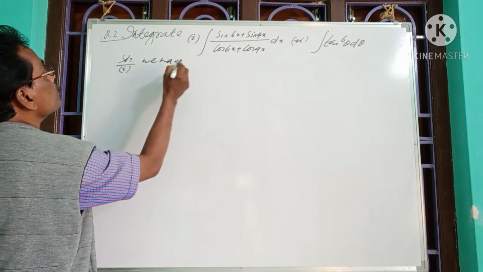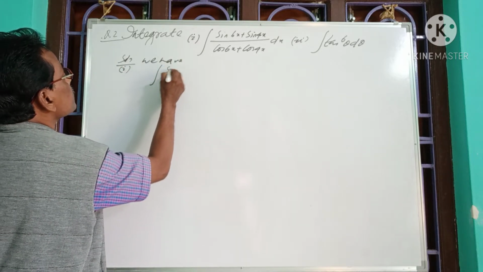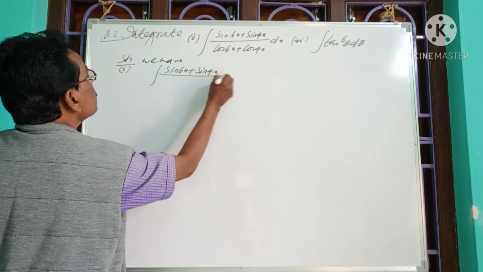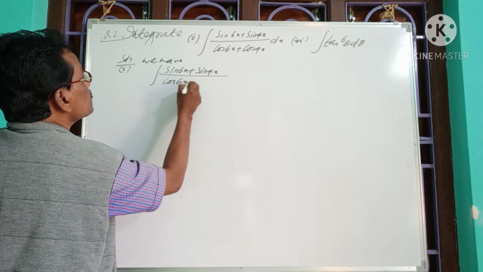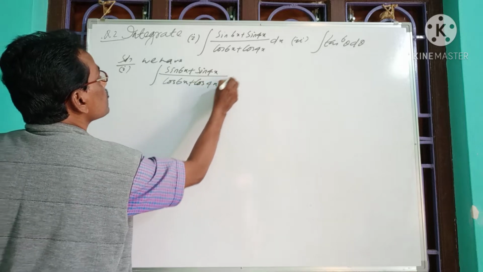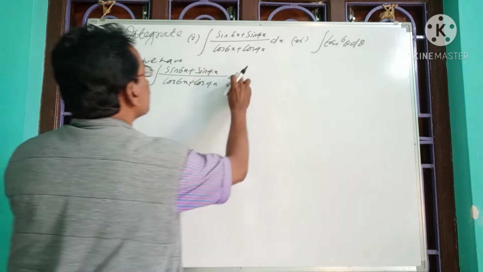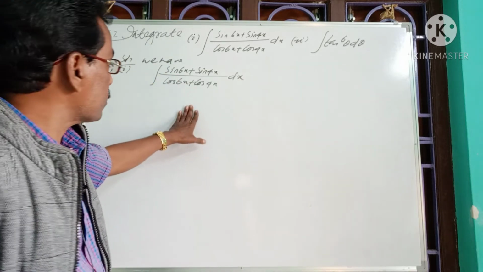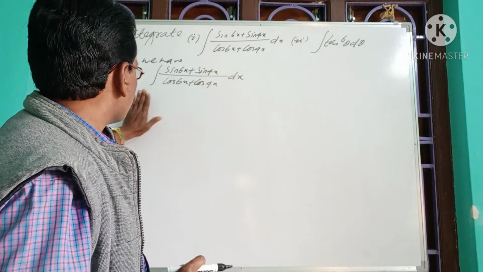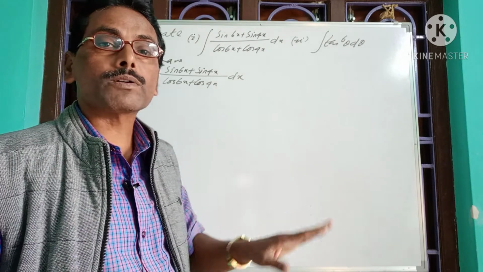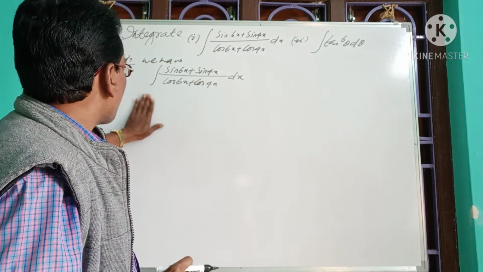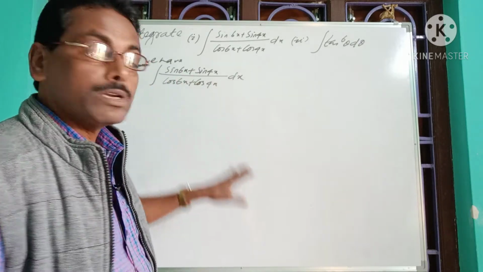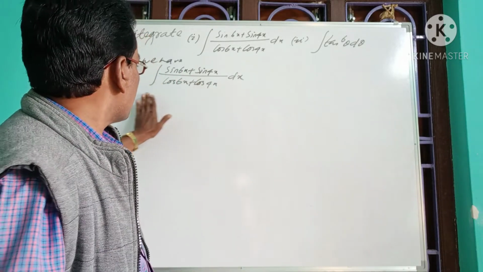We have the integration of (sin 6x plus sin 4x) by (cos 6x plus cos 4x) with respect to x. Here the given integrand is a function of trigonometric functions in rational function form, where both the numerator and denominator contain trigonometric functions, and this integrand is not directly integrable.